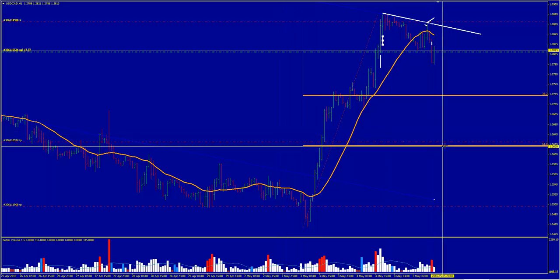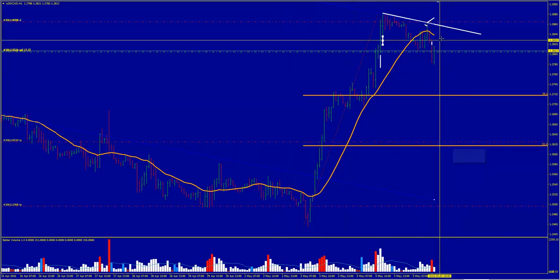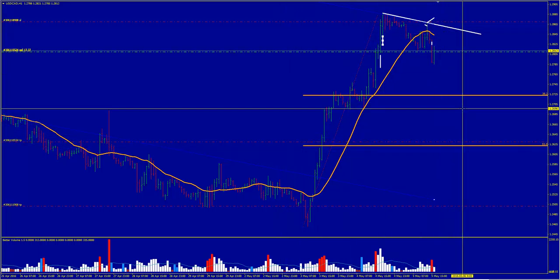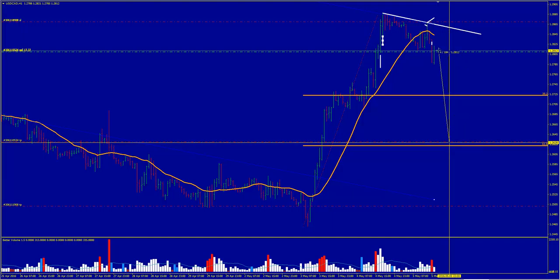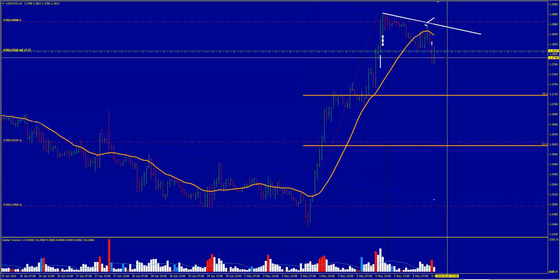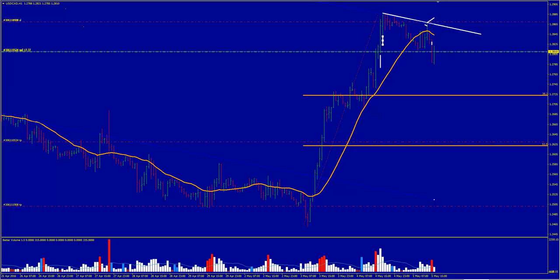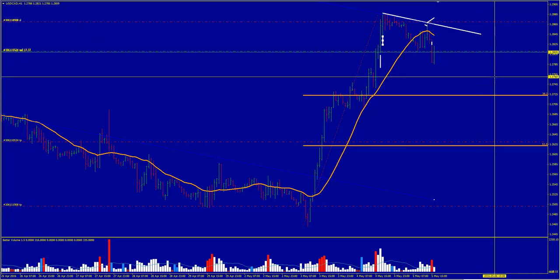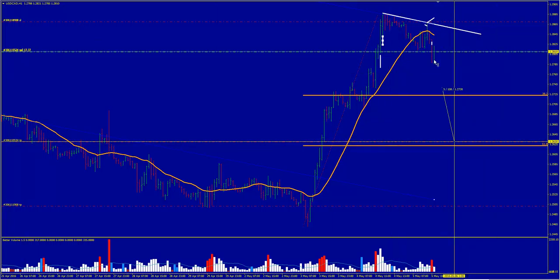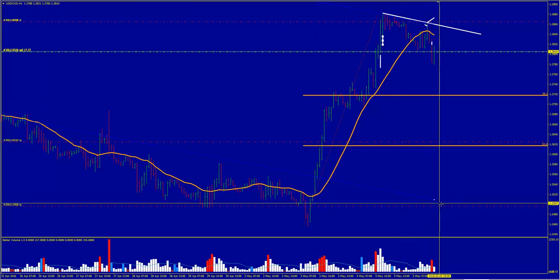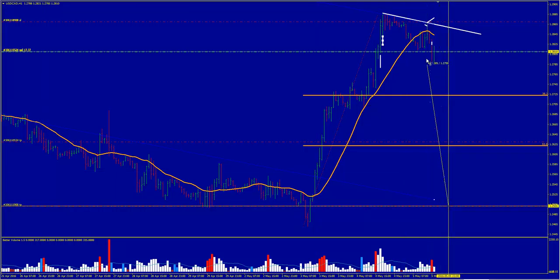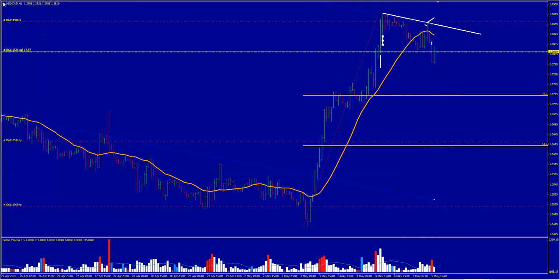So I will try to take the 1-to-3 ratio, and actually in this position I risk about 50 pips, but I will try to take almost 200, almost a 1-to-4 ratio. It's actually a 1-to-4 ratio for the first target, since I have two positions, 0.5 risk each. So this will be the 1-to-4 ratio if I catch it, and I'm going for a potential 300 pips as the second target.